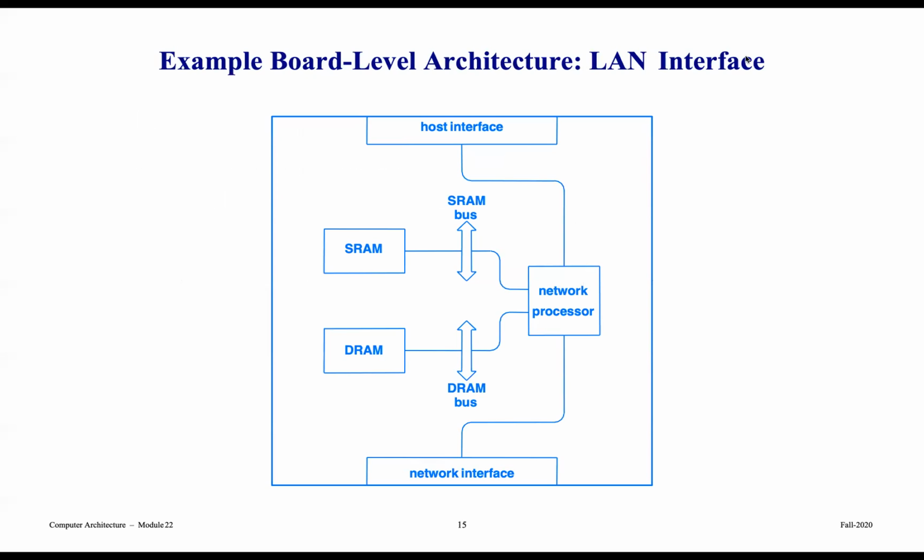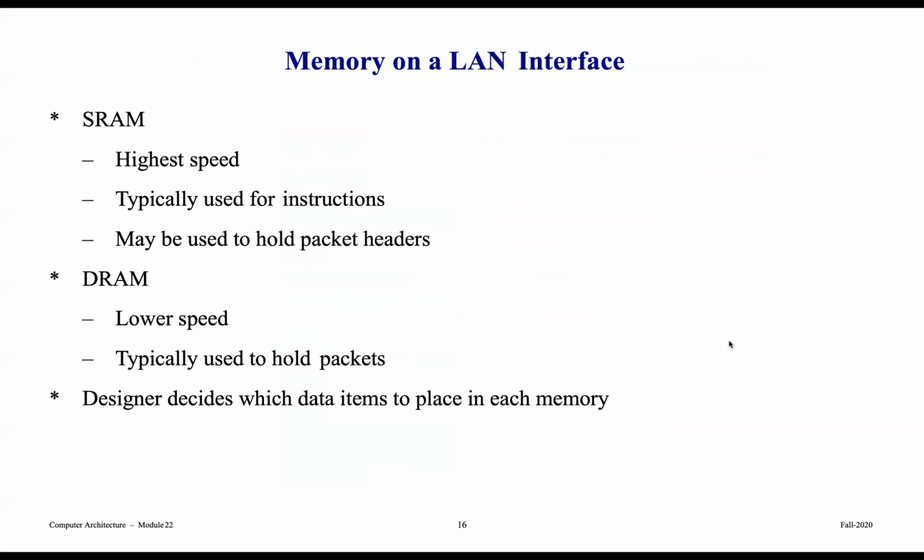You have the host interface, what's going to the computer, and what is externally facing going to the network. And here we have the inners of what that would look like, having DRAM, different types of random access memory, and you have a network processor. So kind of a high level illustration of what that would look like.